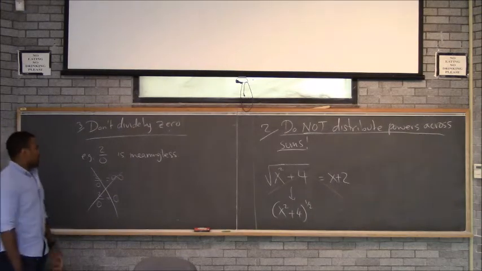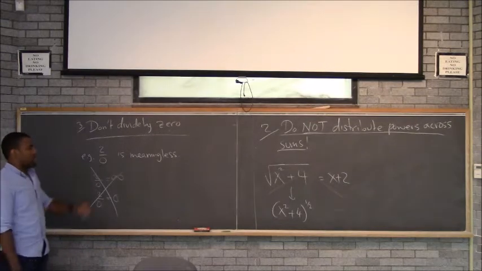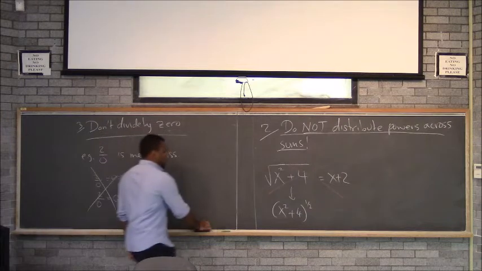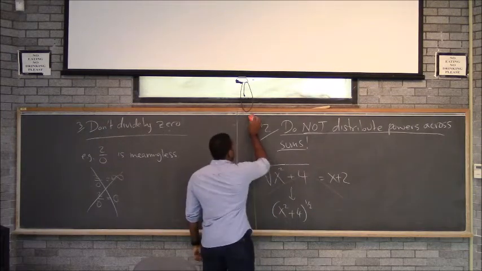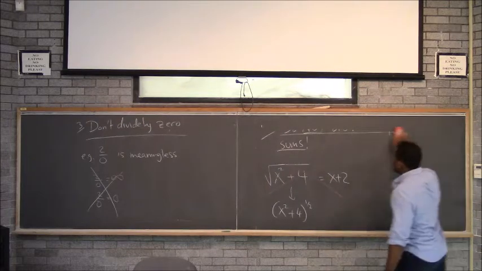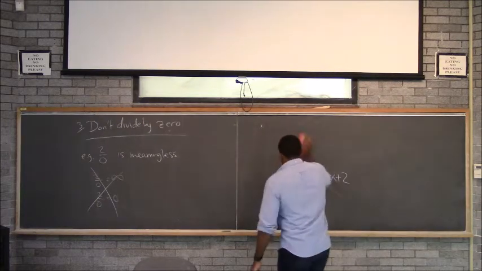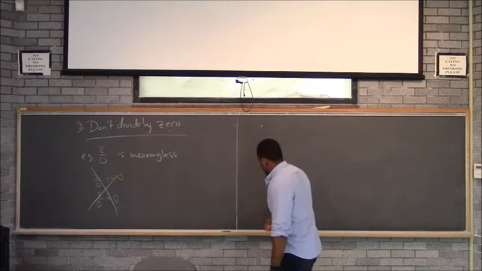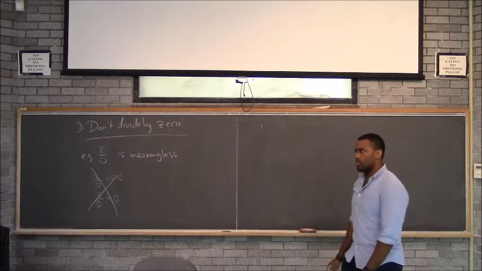Don't do it. So if you're doing something and you end up with a 0 in the denominator, it kind of means something is wrong, or some care is needed for that problem. Don't just ignore it. Not really going to say much more about that.